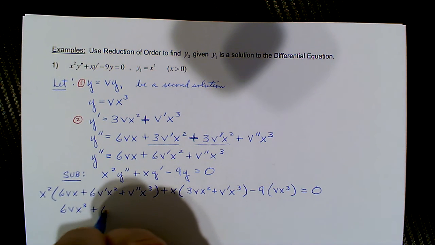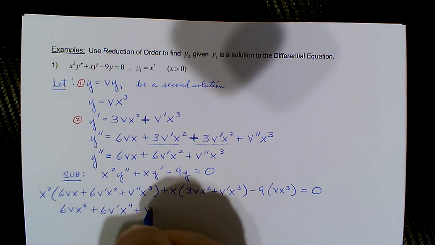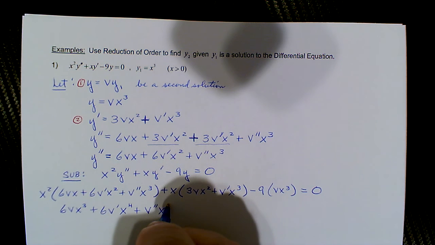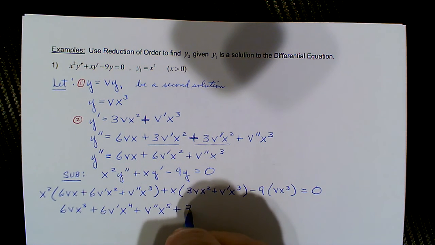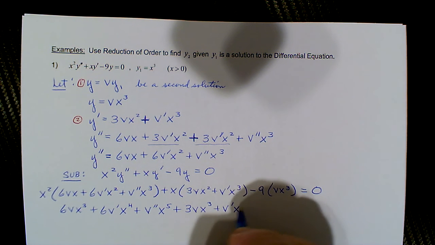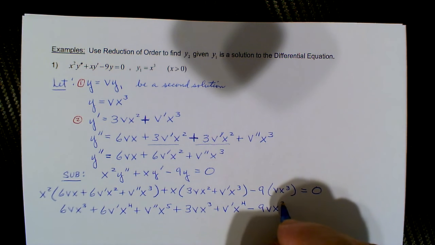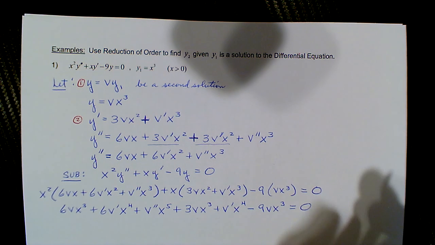6vx cubed plus 6v prime x to the 4th plus v double prime x to the 5th plus 3vx cubed plus v prime x to the 4th, and then minus 9vx cubed must equal 0.